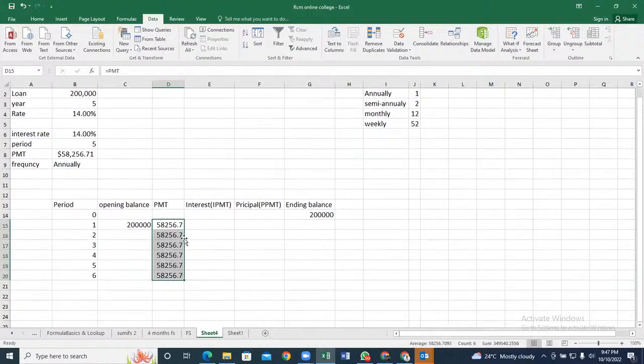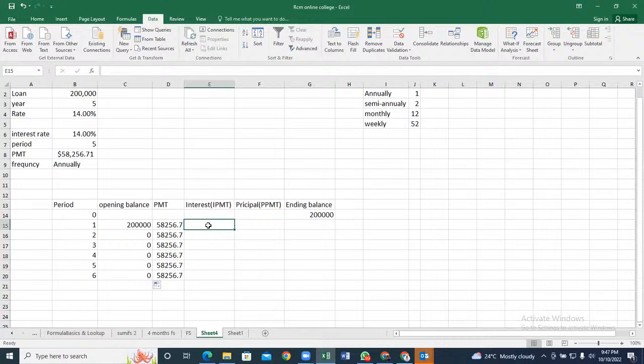So even if you do it that way, it will remain the same amount. Okay, so opening balance, we can also autofill to that last part. How about interest, which is IPMT?